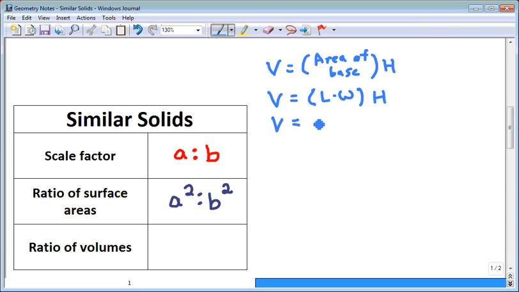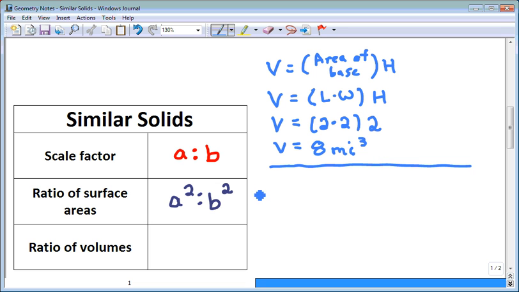So for the one on the left, I'm going to have 2 times 2 times 2. 2 times 2 is 4, times 2 is 8 miles cubed. Once again, the area of my base times the height of my prism.